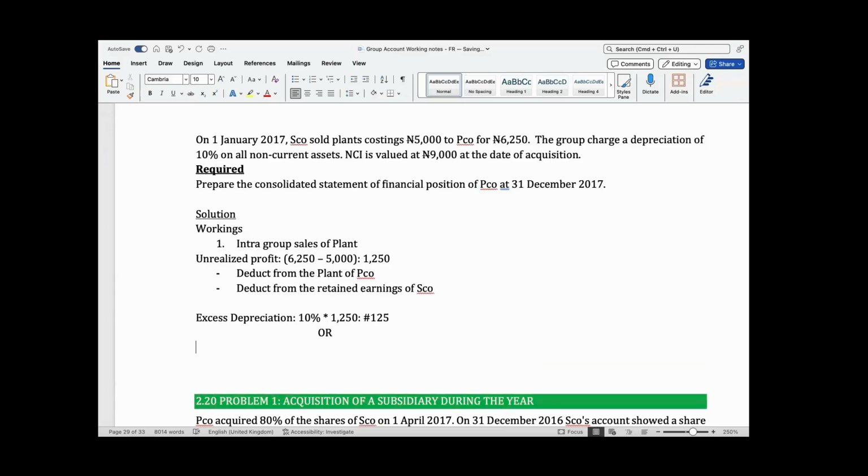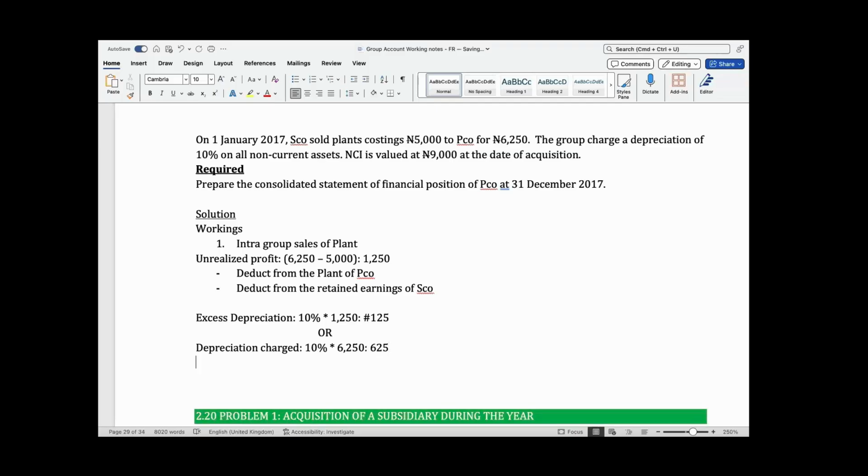The depreciation he charged is 10% times 6,250, which is 625. But the correct depreciation to be charged is 10% on the cost, which is 500.